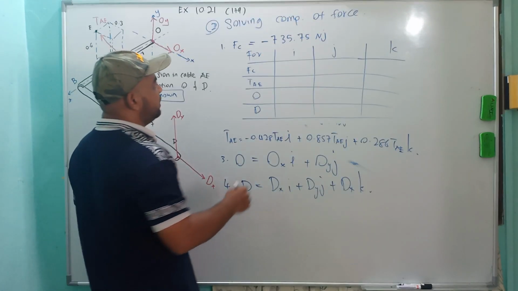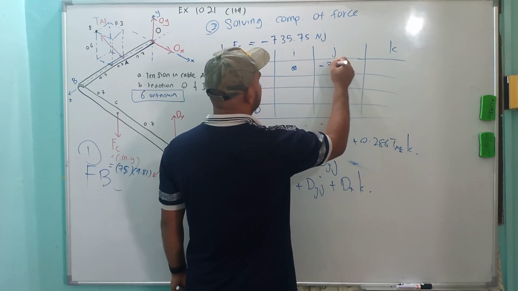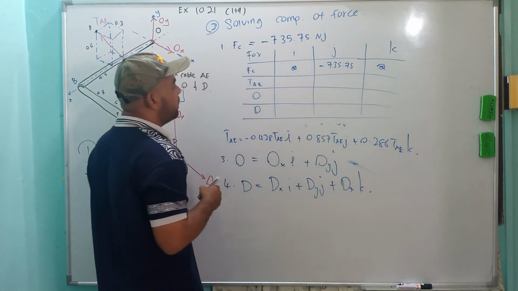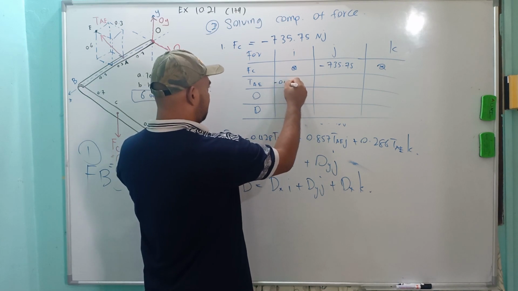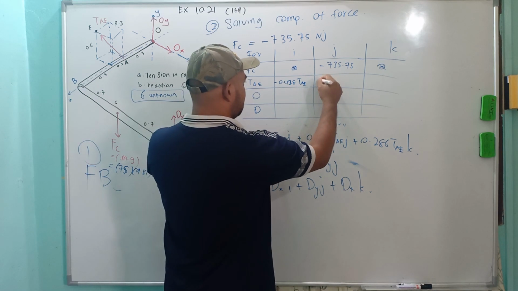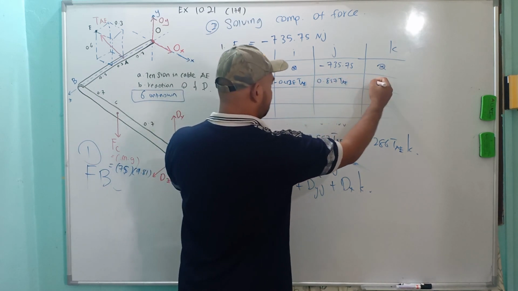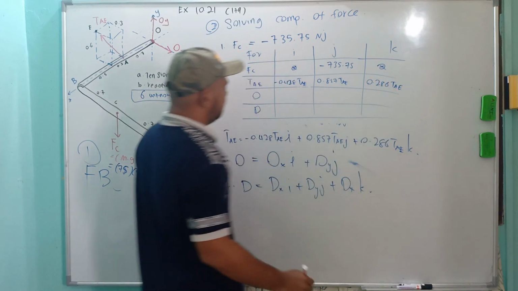So FC will be 0, negative 735.75, 0. TAE, you have negative 0.428 TAE, 0.857 TAE, 0.286 TAE.